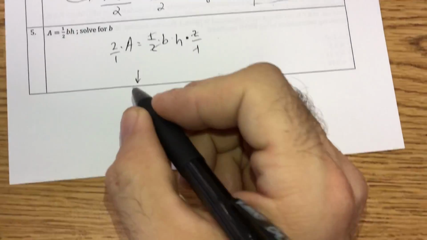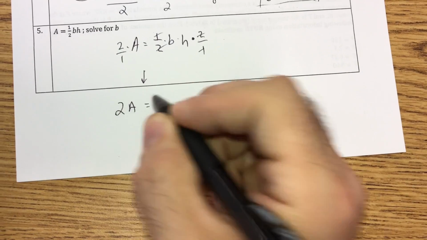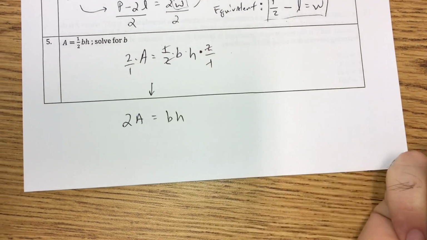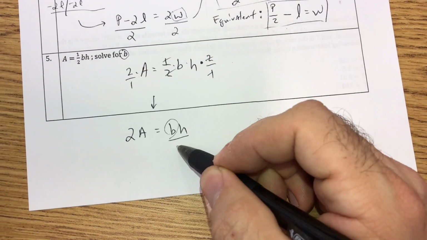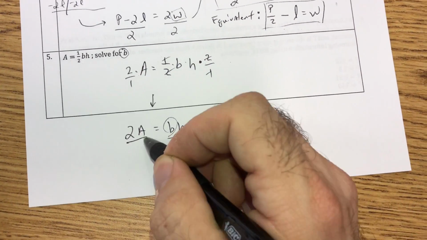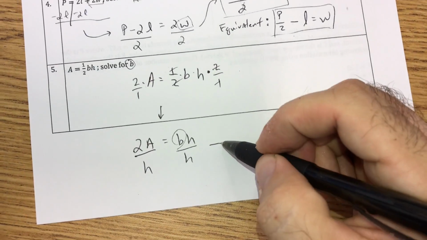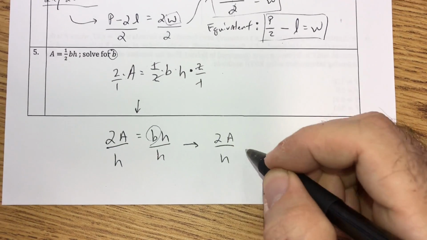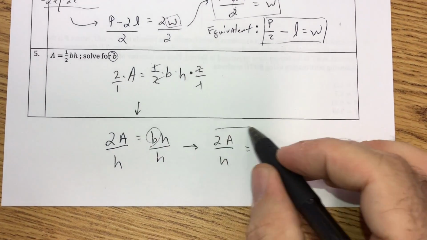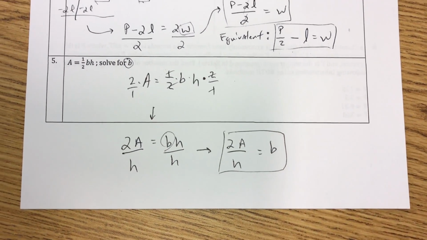So that gives me 2 times A equals BH. Since we're solving for B, I want to get B all by itself, so we'll divide by H on both sides. And we're left with 2A over H equals B. And there you go.